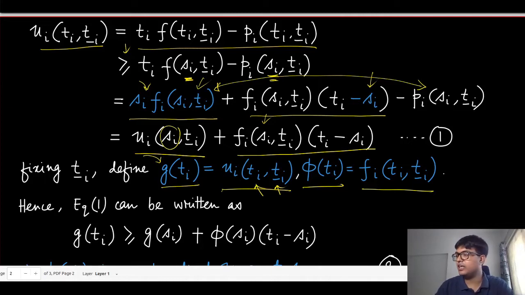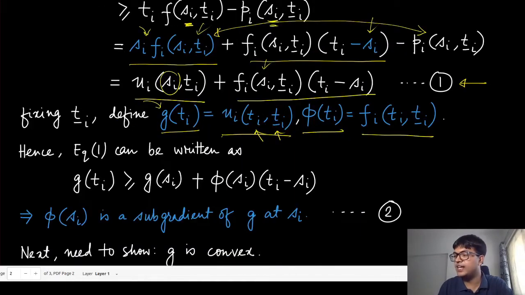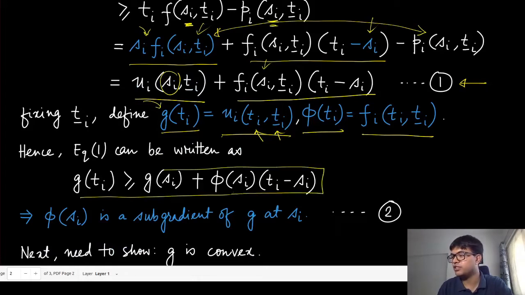Now using this substitution, we can write this equation 1 exactly in the same way as we have wanted for the subgradient equation. So this is nothing but the subgradient equation. So all that we are left with is to show that this function g is a convex function. If we can show that, then we know that this phi function is nothing but a subgradient function.